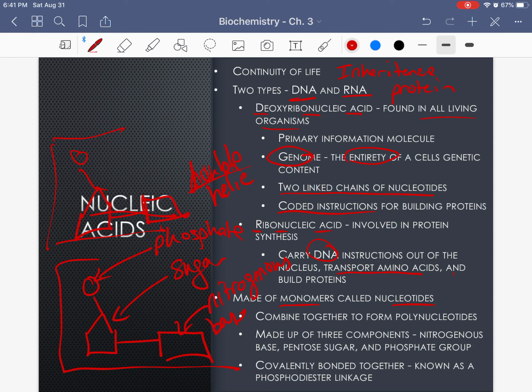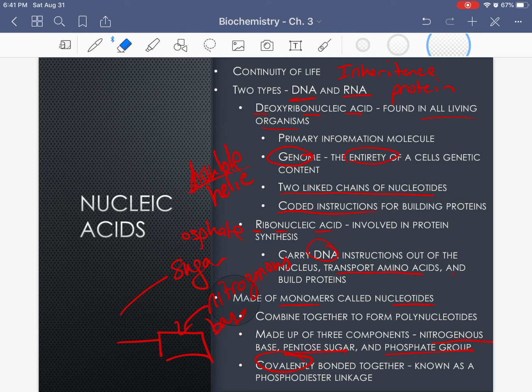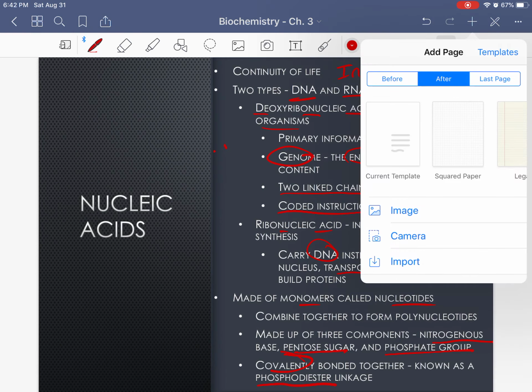The slide's starting to get messy. And form one side of our nucleic acid. So nitrogenous base, a sugar, and a phosphate. They are covalently bonded together, and the bond for nucleic acids is called a phosphodiester linkage.